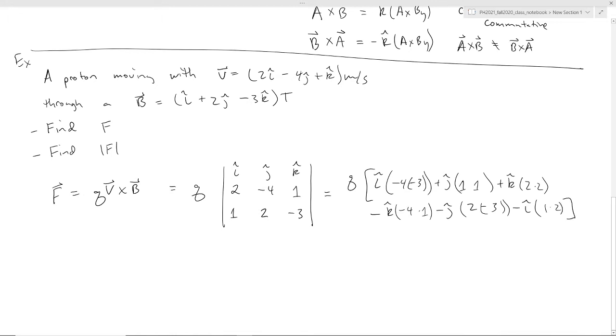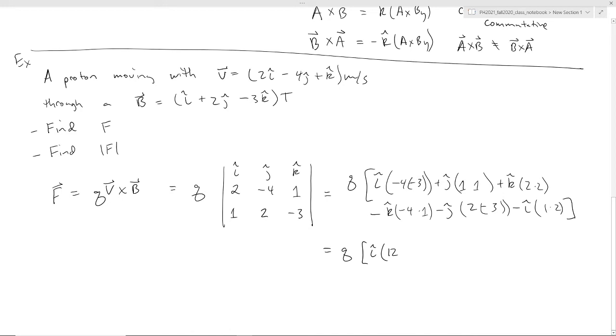Okay, so I realize this is kind of tedious, but I wanted to show you it in all the details, at least a time or two, so you would have some examples to refer to. So we can then consolidate this. Let's put together all the pieces that have the same unit vector. So this would be i hat times 12.